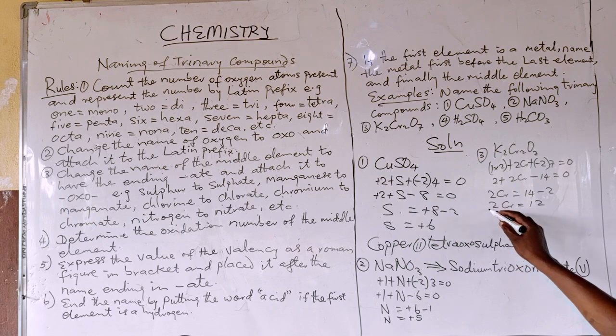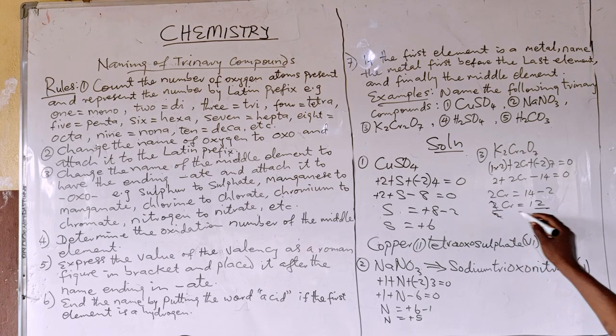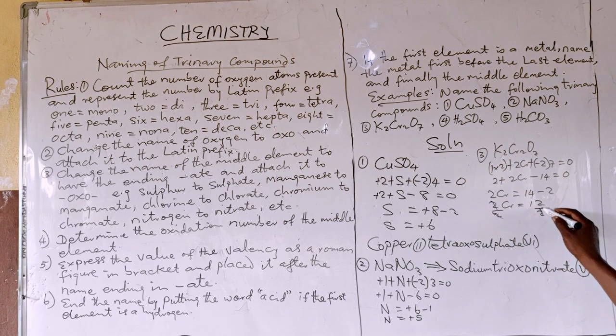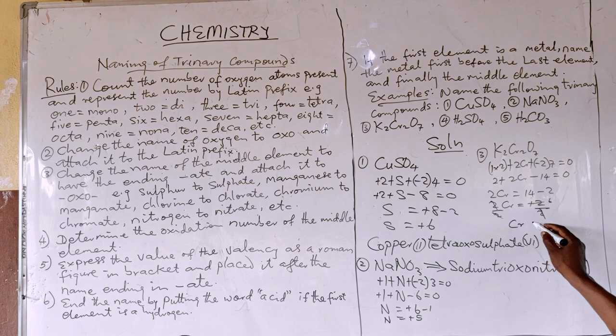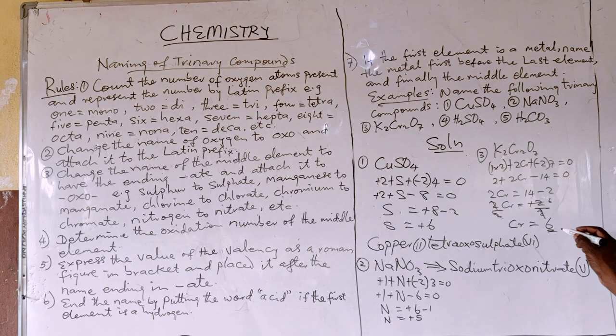So if I divide both sides by 2, the 2 here will cancel out. How many? 6. So my Cr is equal to 6. That's plus 6.